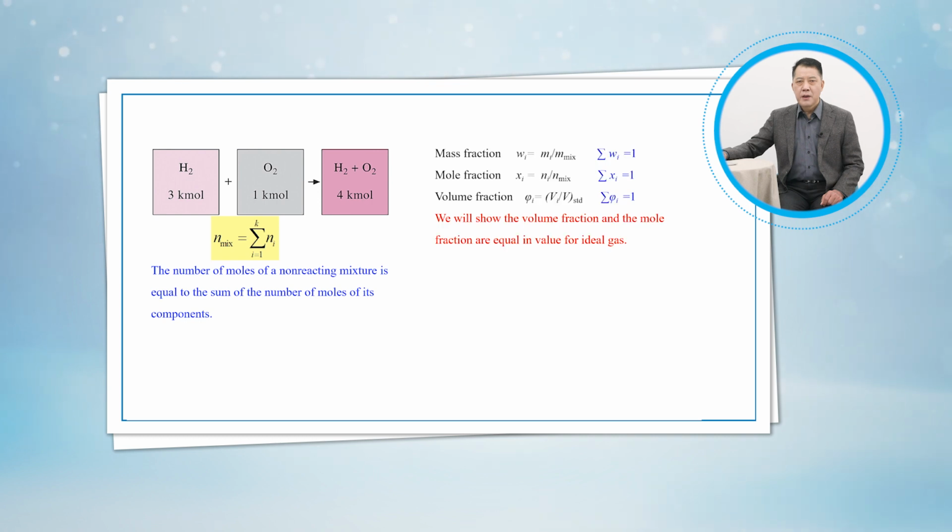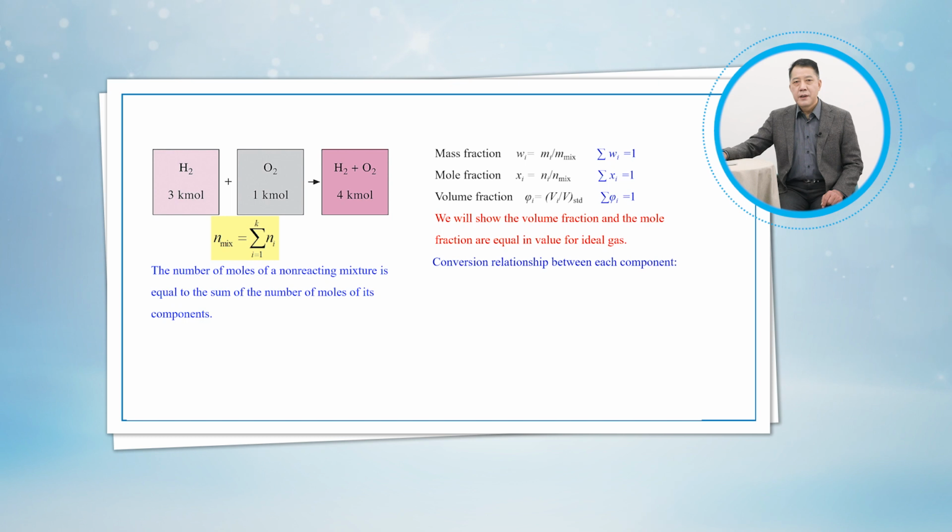The ratio of the mass of a component to the mass of the mixture is called the mass fraction. The ratio of the mole number of a component to the mole number of the mixture is called the mole fraction, and the ratio of the volume of a component to the volume of the mixture at standard condition is called the volume fraction.